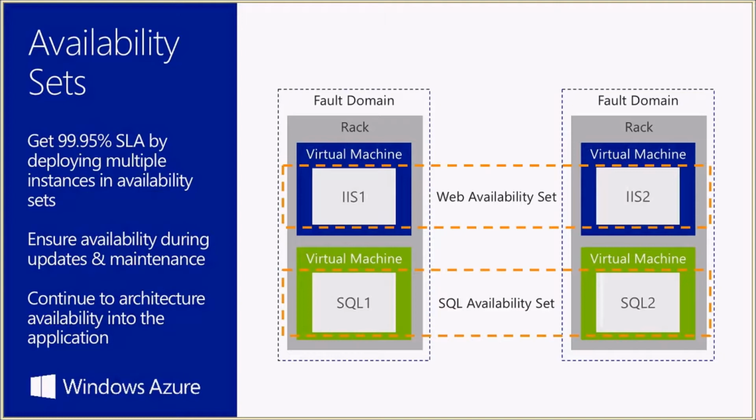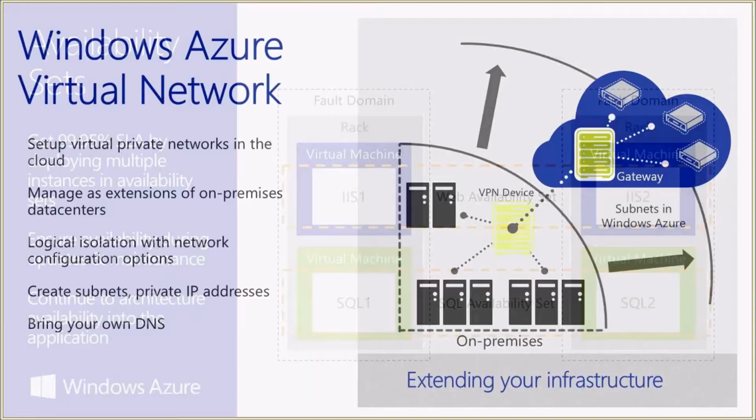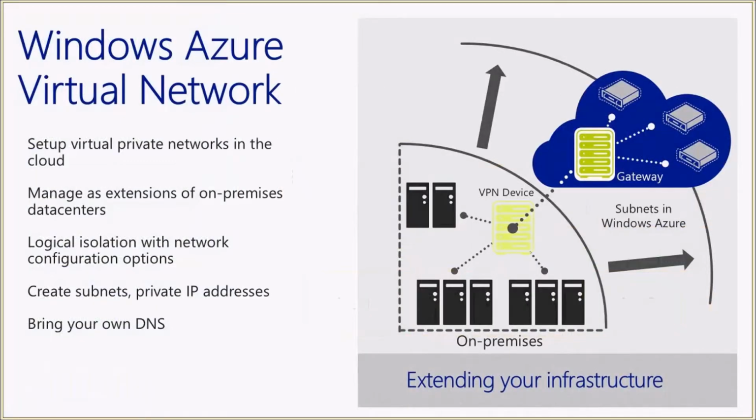your solution. How do we access those virtual machines? We can do that one of two ways, and the preferred way would be via an IPsec site-to-site VPN. What this is effectively doing is extending your internal networks into the Azure cloud.